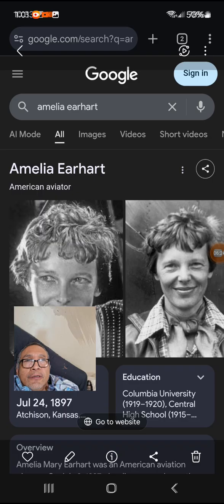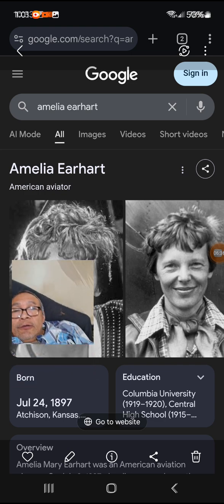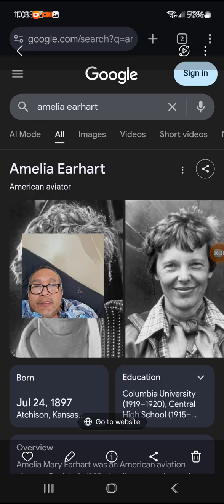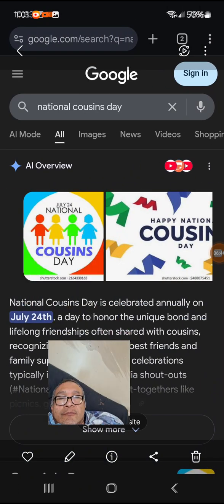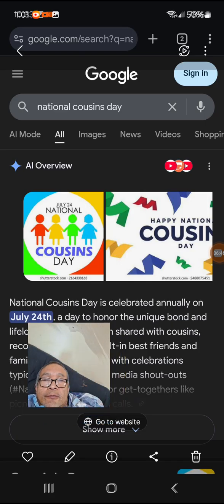My dad and her grandfather are first cousins, which makes me and him second cousins, which makes me and her mother third cousins, which makes me and her fourth cousins. So we're fourth cousins. So she wouldn't know that Amelia and her sister, through her sister, means that we're National Cousins Day or July 24th.